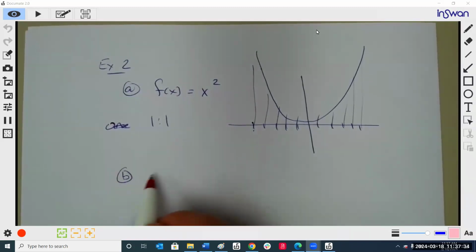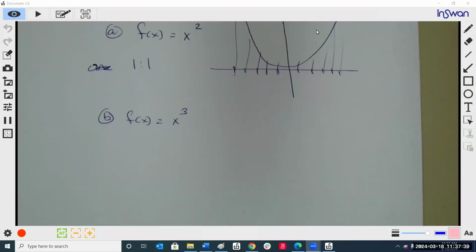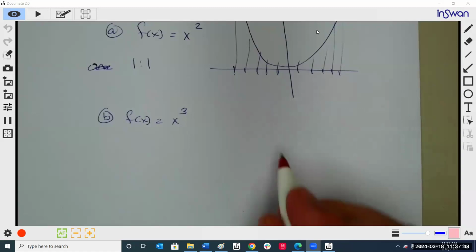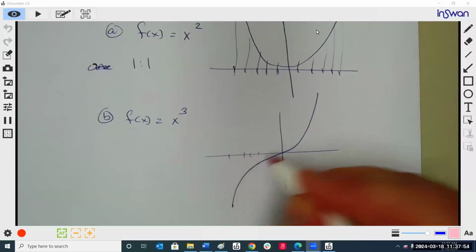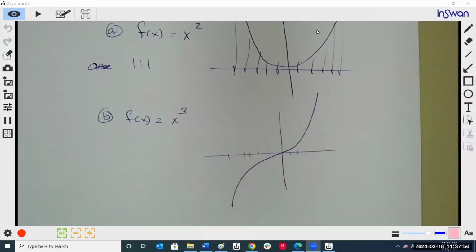How about the cubic function? Is that 1 to 1? For every x, there's only one value of y, right?